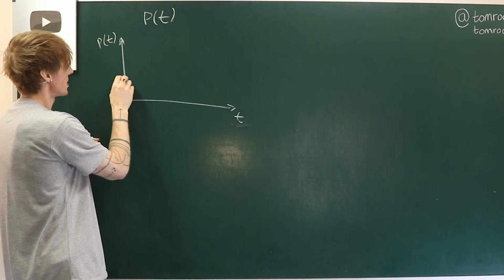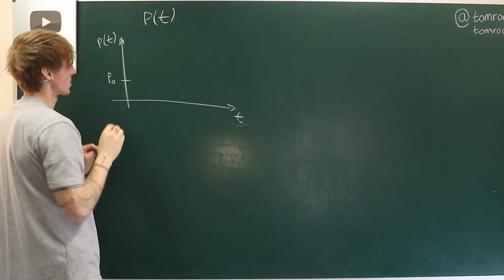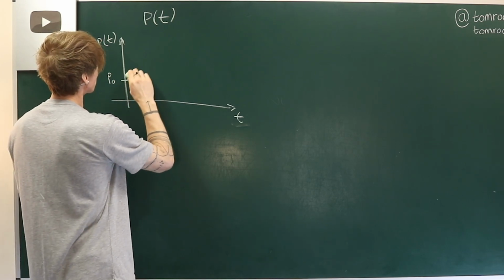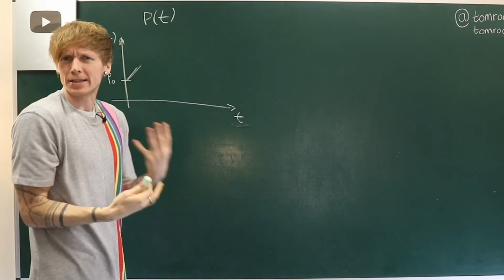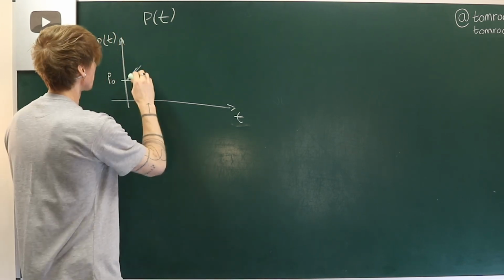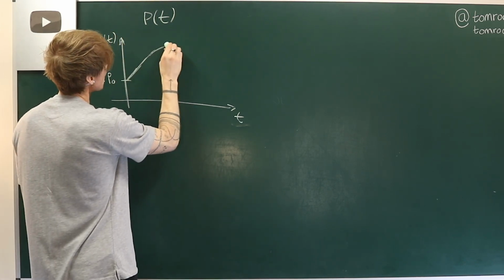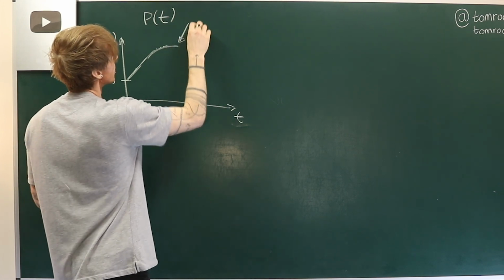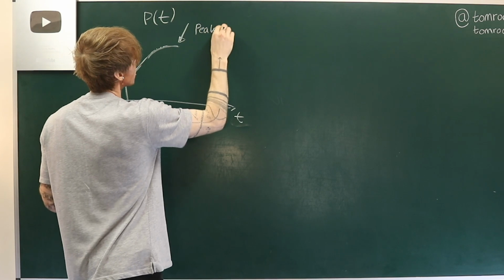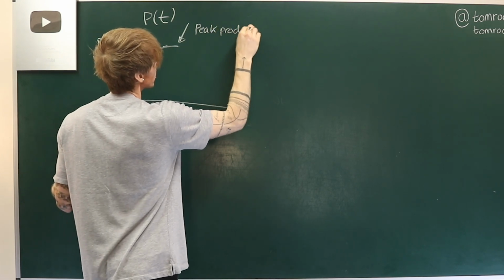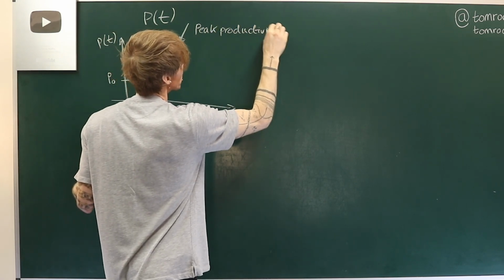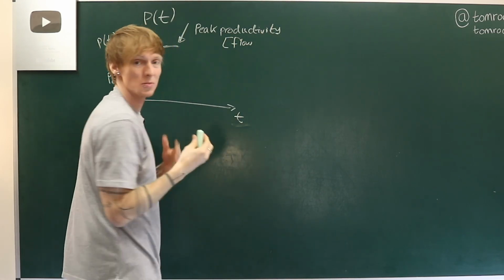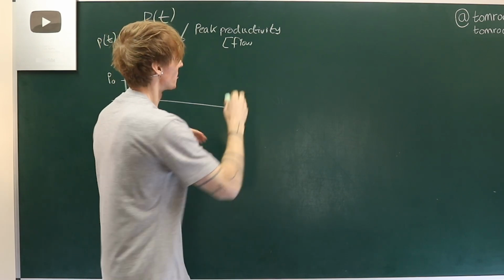So we will have an initial productivity, let's call it P0, and then it will take us some amount of time to sort of get to grips with what we're working on. And then we'll kind of reach a peak productivity, or we might refer to it as a flow state because we are in the flow of the task.